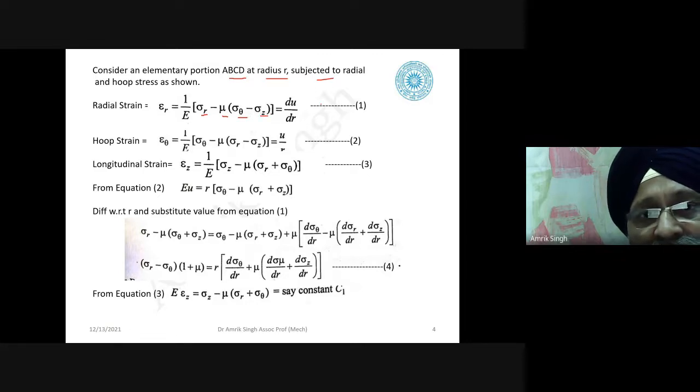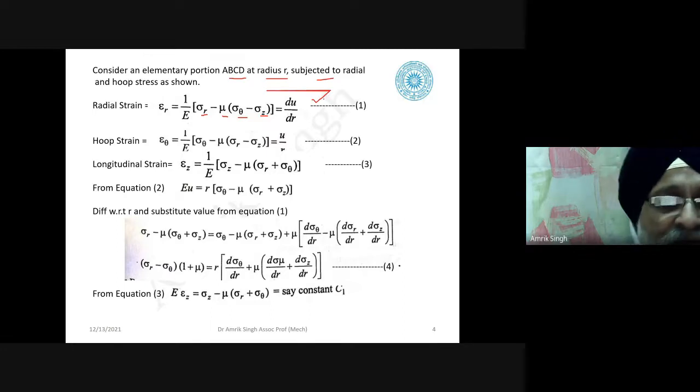So this is equal to du upon dr, as we have seen in the case of the disk. Now the hoop strain, epsilon theta, is 1 by E times sigma theta minus mu times sigma r minus sigma z, and this is equal to u upon r, where u is the expansion in the radial direction. So these are the two strains: one is the radial strain, another is the hoop strain.